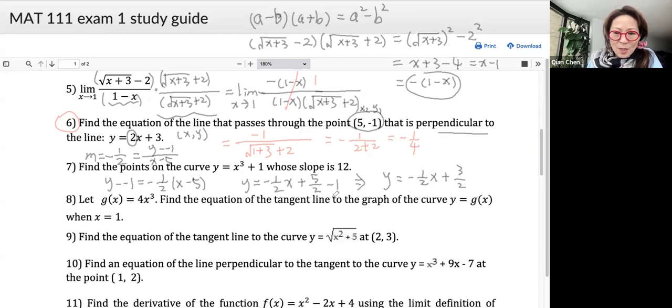Once we have a common denominator 2, do 5 minus 2, which gives 3. So that's the line that passes through the point (5, -1) and is perpendicular to y equals 2x plus 3.